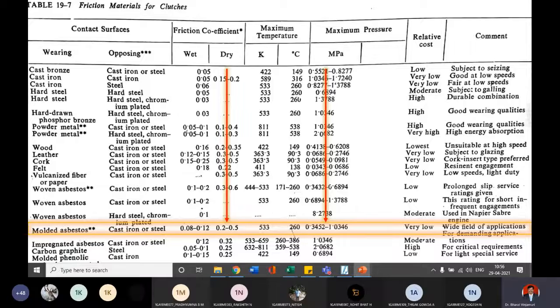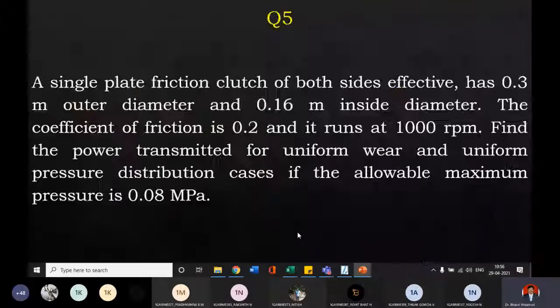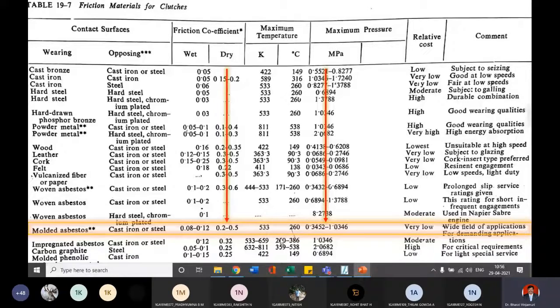From this table, take the value of mu for dry friction of molded asbestos, 0.2 to 0.5, so the average will be 0.35. Also take the maximum pressure, 0.34522 to 1.0346. Use these two values and keep your solution ready by 3 p.m.